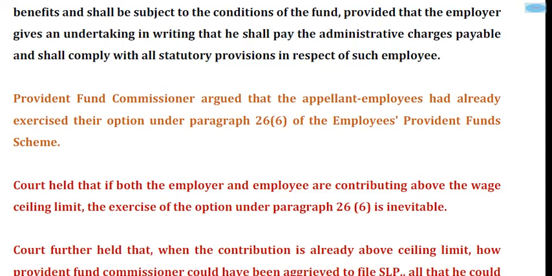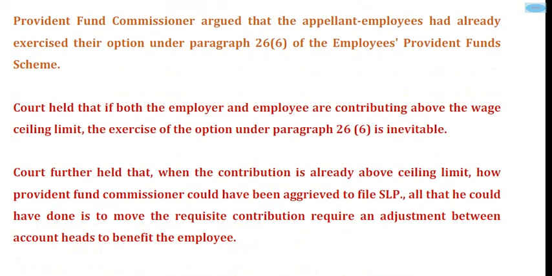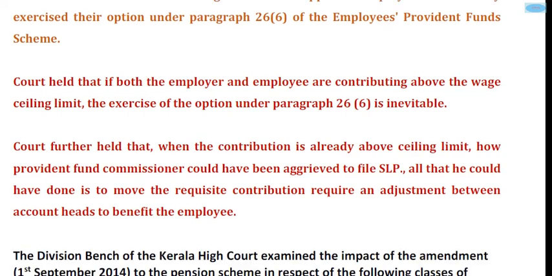They have already contributed and it is going to their fund. So it is inevitable. The court further held that when the contribution is already above the ceiling limit, how would the Provident Fund Commissioner have been aggrieved to file this SLP? All that he could have done is to move the requisite contribution, requiring an adjustment between the funds from Provident Fund to Pension Fund. Correct.